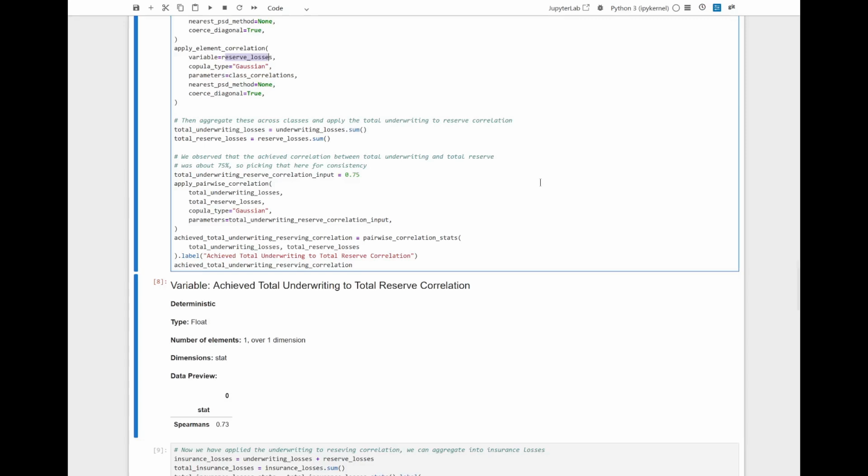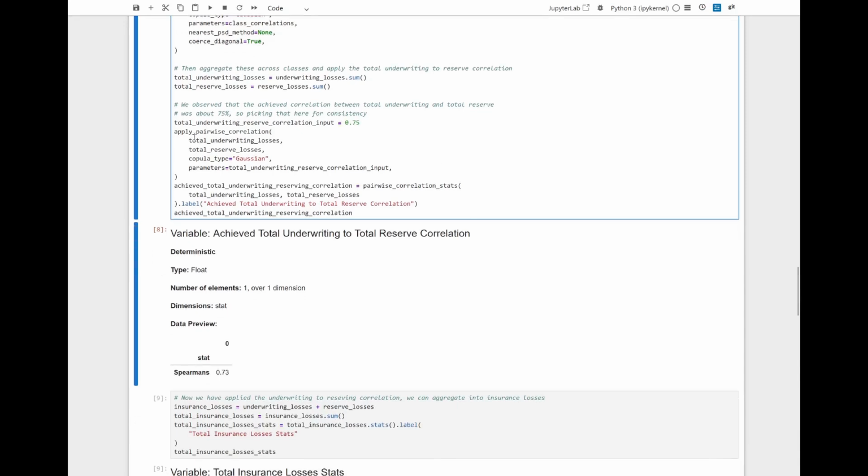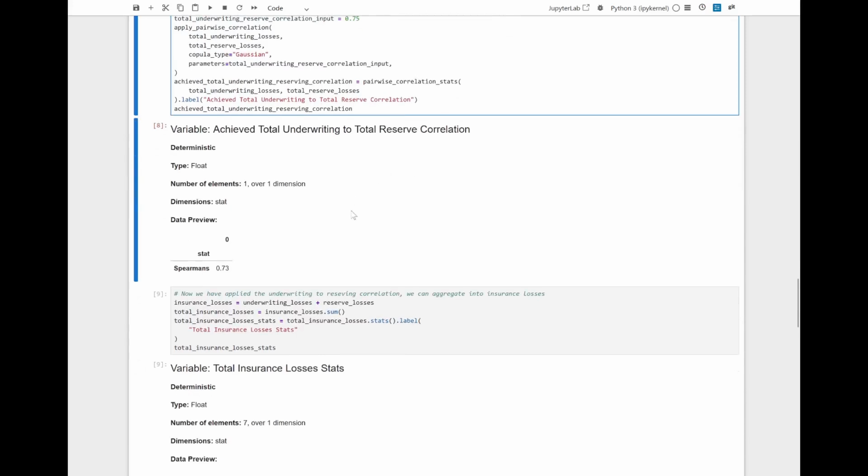So again, for consistency, picking an input here that's around the same level, just so the outputs from these two methods start off at a similar place. So we're going to apply the correlation now between this pair of values, between the total underwriting risk losses and the total reserving risk losses, using this input 75%. And then we can look at what we're achieving. We're getting that 75% roughly back.